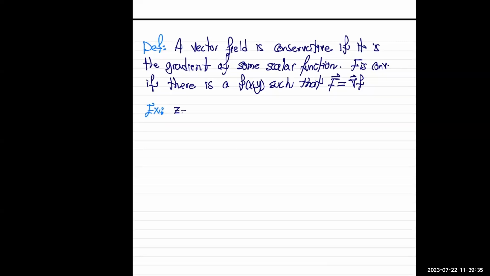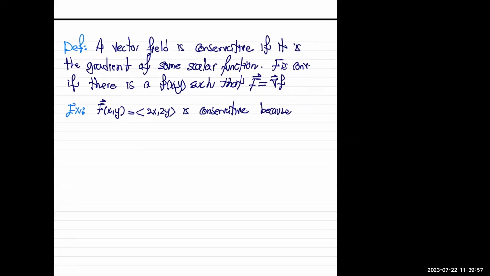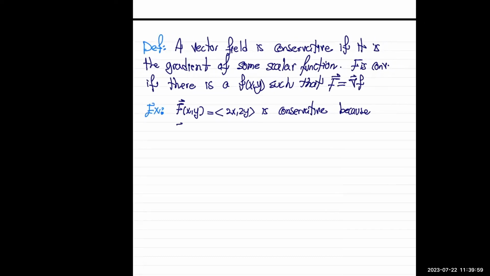So for example, the vector field 2x, 2y is conservative because this vector field is the gradient of x squared plus y squared.